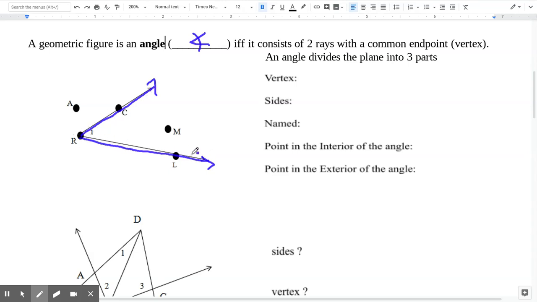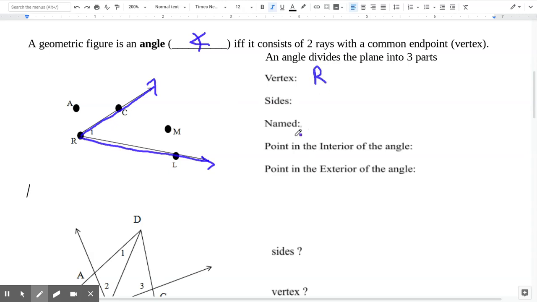Essentially, it has two sides. The two sides have a common vertex, a common endpoint. So for naming this angle, we want to be able to talk about its different properties. So to start, it does have a vertex. And in our particular diagram, the vertex is point R. And remember, to name points, we just use a capital letter.